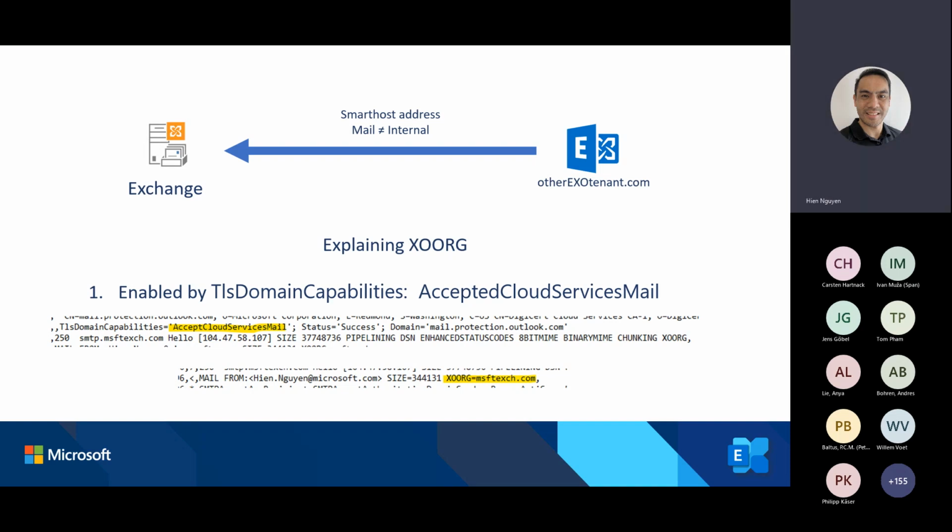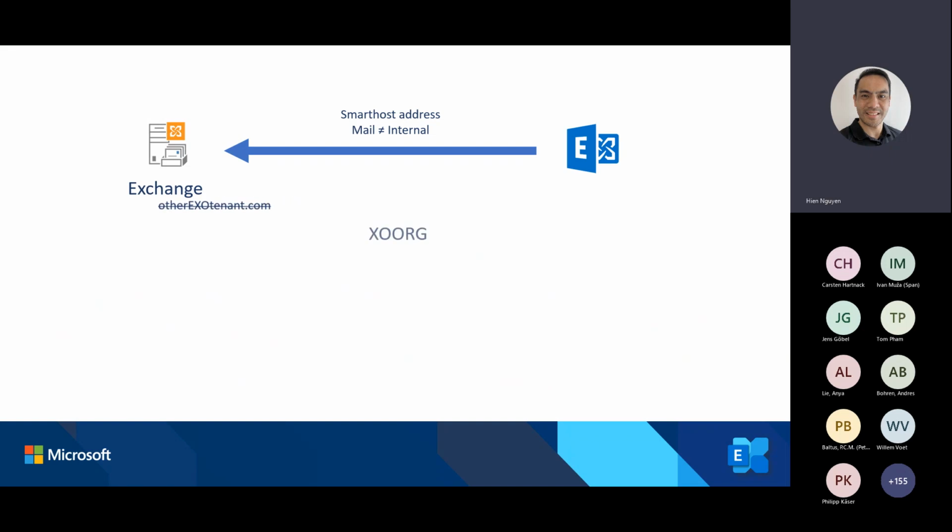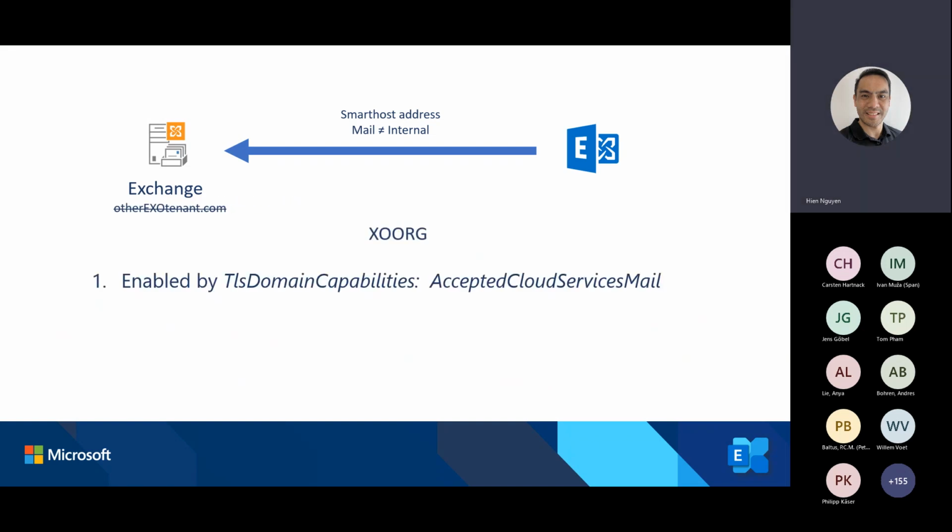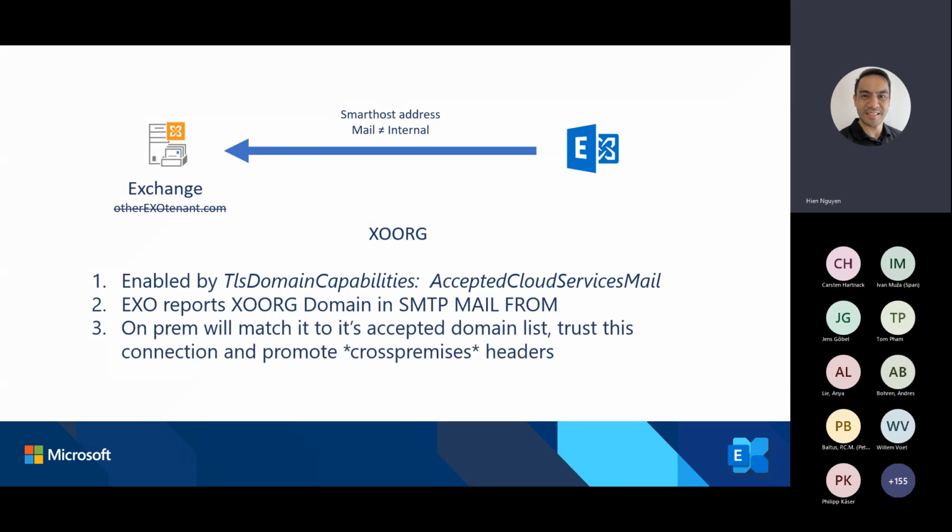Even if it comes from Gmail, because it's landed in your tenant, your tenant goes, you own this mail, so you're the originating org. If it's come from another tenant, it will have a different domain listed in XORG. So this is how it's enabled. XO reports the XORG domain in the SMTP mail from.